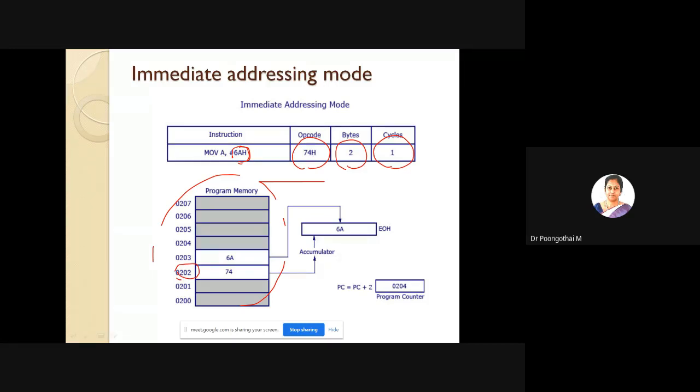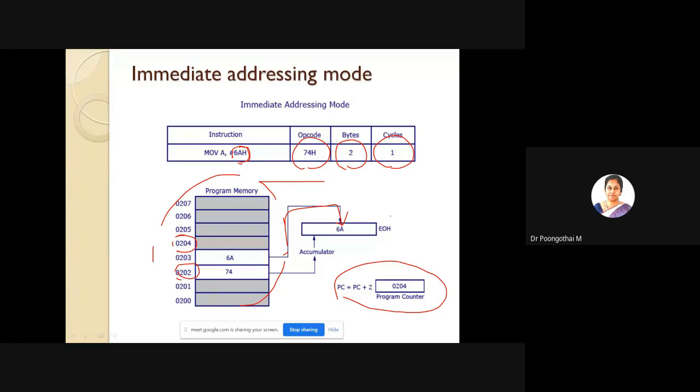After execution, the 6A is transferred to accumulator, and your program counter is incremented by 2, from 0202 to 0204. Initially it is pointing to 202, it takes 2 bytes, so after execution it points to 0204. So this is the operation of immediate addressing mode.